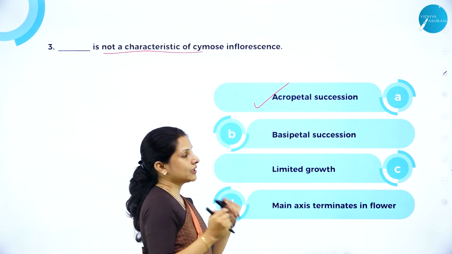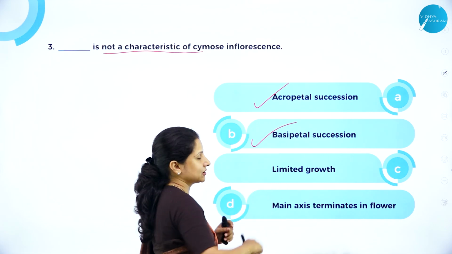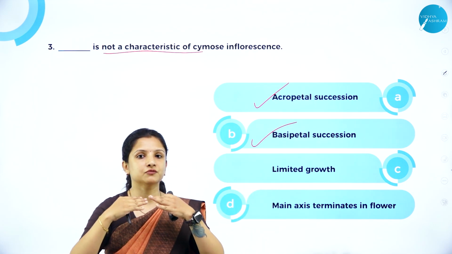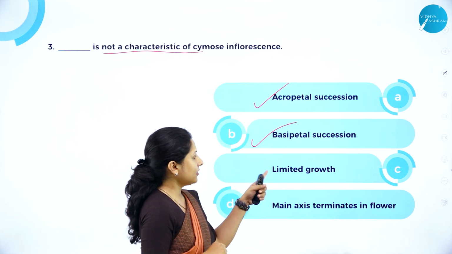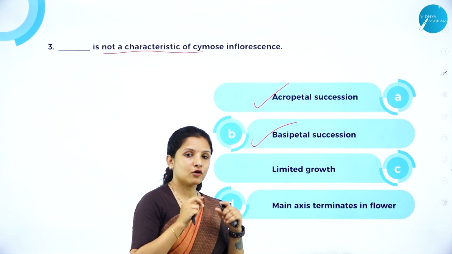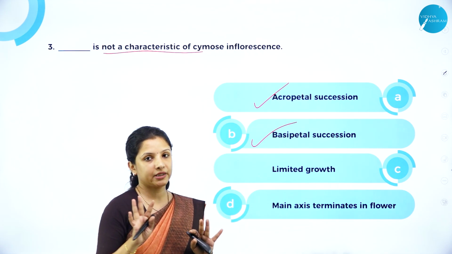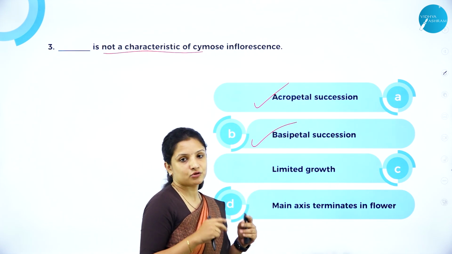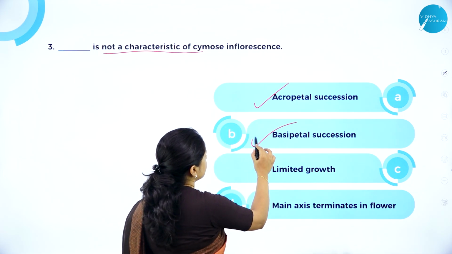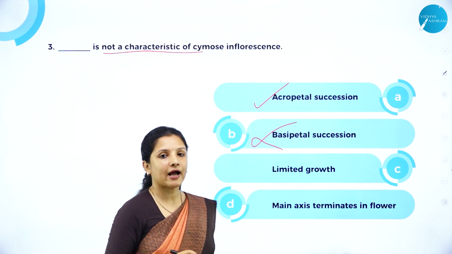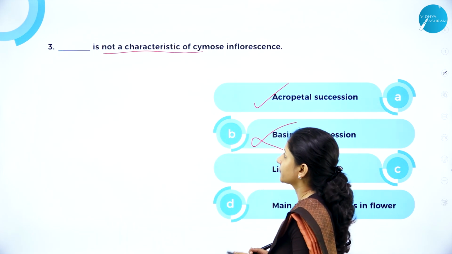Cymose flowers exhibit basipetal succession, wherein the younger flowers will be at the bottom and the older flowers at the top. And they show limited growth because all the floral axes terminate in a flower, and the main axis also terminates in a flower. So here the right answer is option A, that is acropetal succession.